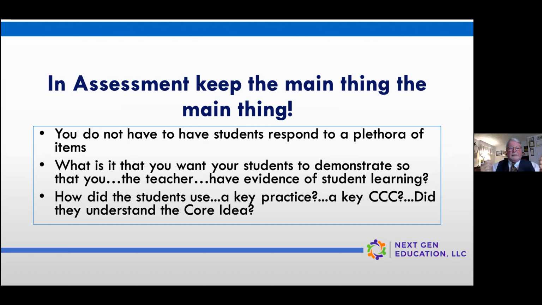And lastly, you want to know, do the students know how to use a practice? Do they know how to use the cross-cutting concept to structure their thinking? And did they get the core idea that you're really trying to focus them on in the lesson? So keep that main thing the main thing, but don't think you have to make it big to get meaningful information.